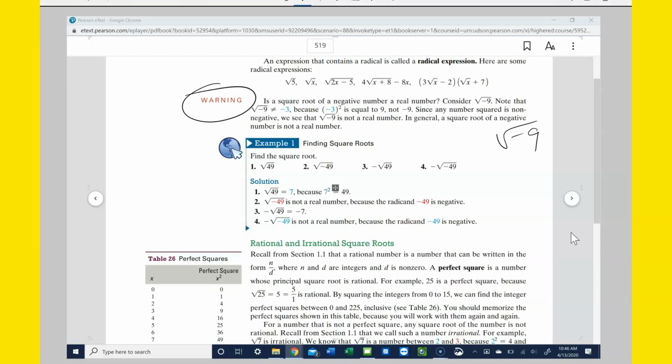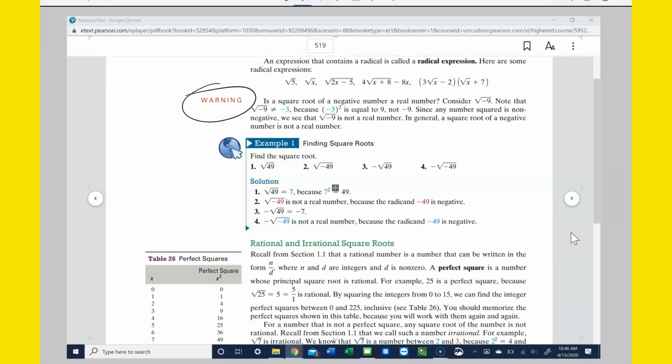So the square root of any negative number is what we call a non-real number, also known as an imaginary number, which we'll get into later in this section. So if you have a negative number under the radical, for right now, you're just going to say that that's not a real answer or not a real number. Later on, we'll talk about how to get an imaginary answer for that.